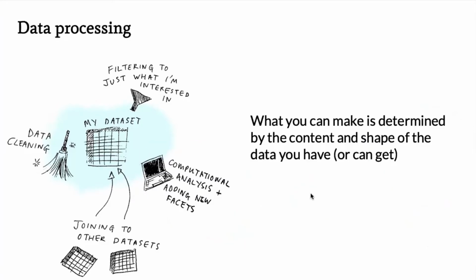A really important point when you're creating a data visualization is that what you can make is going to be determined by the content and the shape of the data that you have, or the data that you can get.